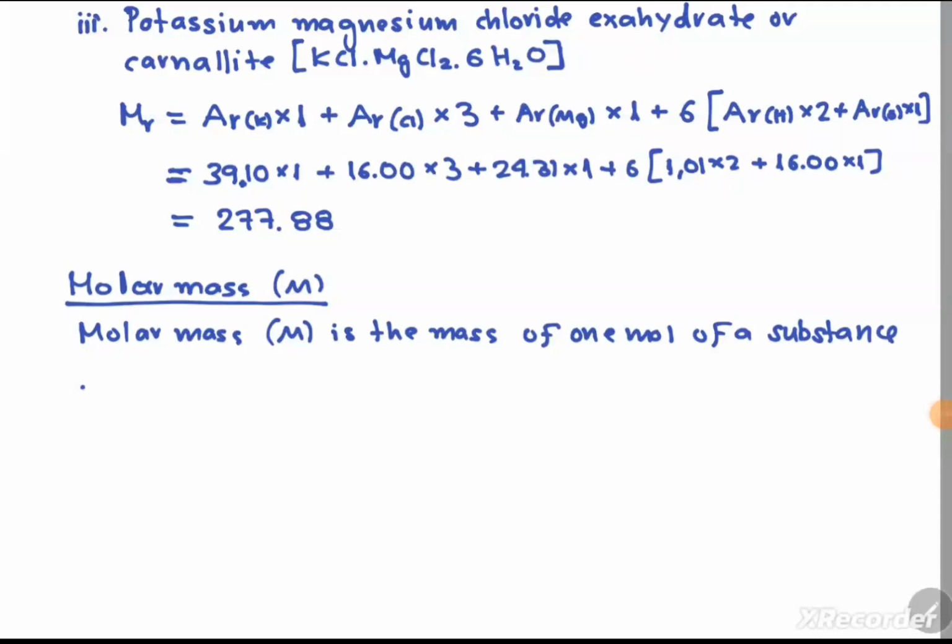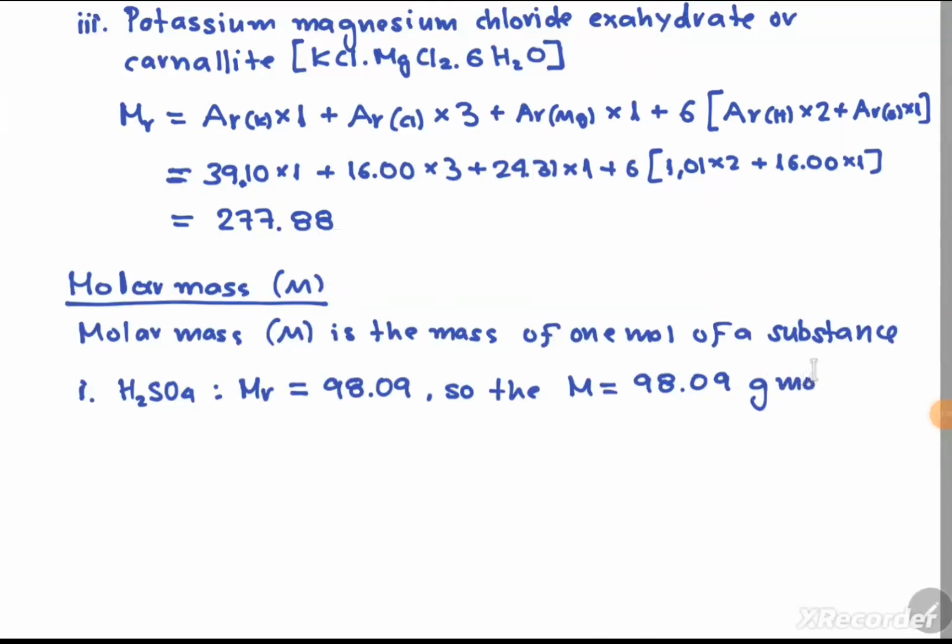So, 1. For sulfuric acid, we find MR equal to 98.09, so the molar mass is 98.09 grams mol minus 1.